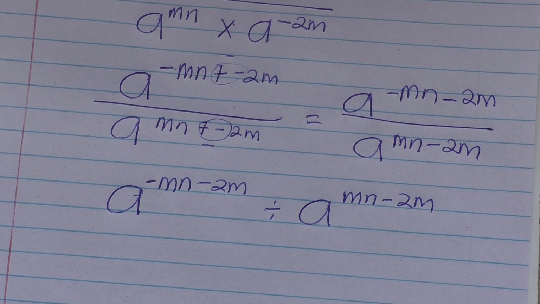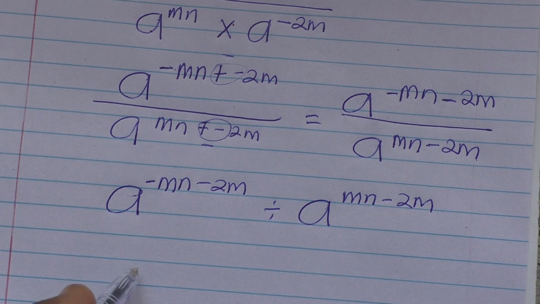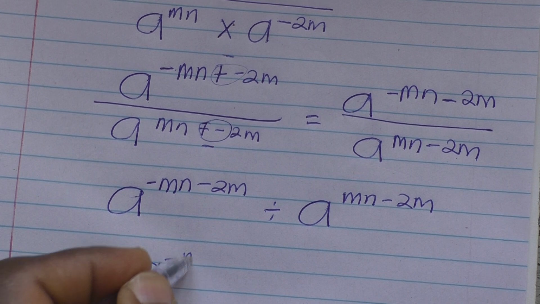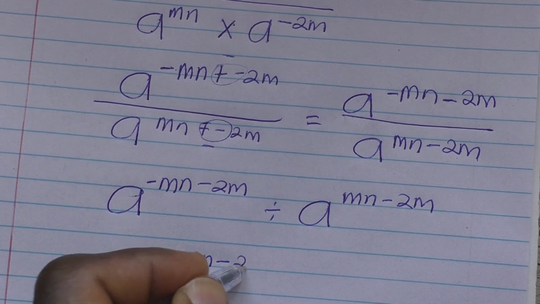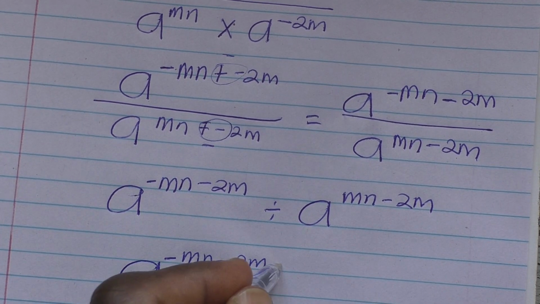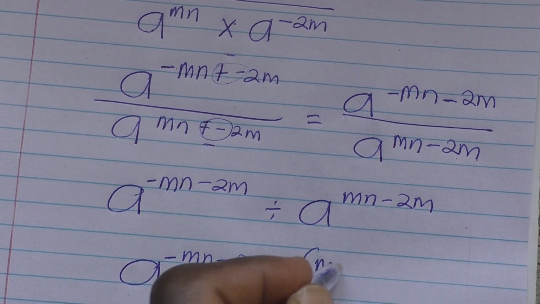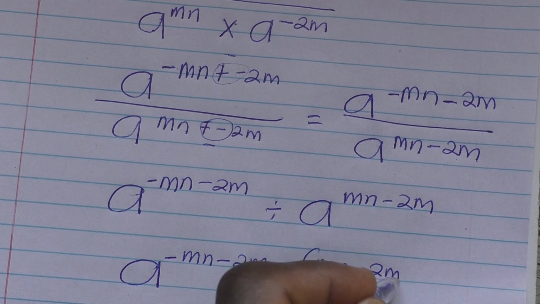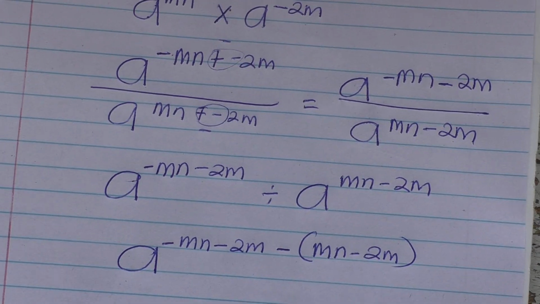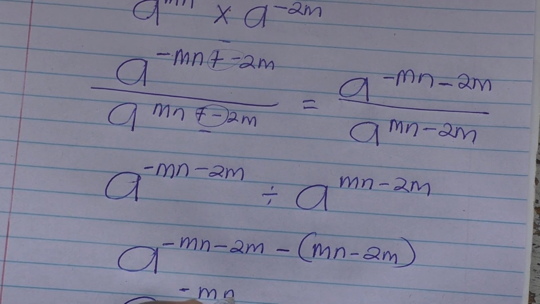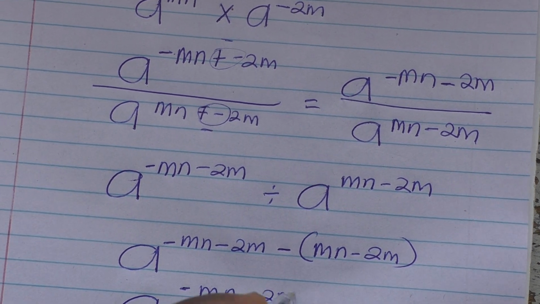When we are dividing, we subtract the powers. That is to say, we shall end up with a power negative mn minus 2m minus, we put this in bracket, mn minus 2m.